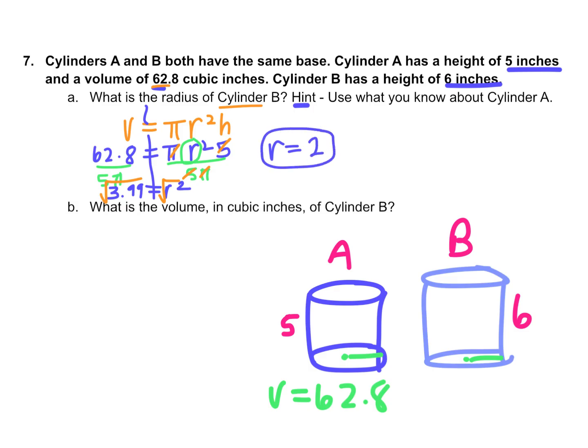And since they both have the same base, they both have the same radius. So this will also be the radius of cylinder B. So now that we have the radius is 2, let me add that to our picture, 2 and 2. Now it says to find the volume in cubic inches of cylinder B. So I'm going to use the same formula.